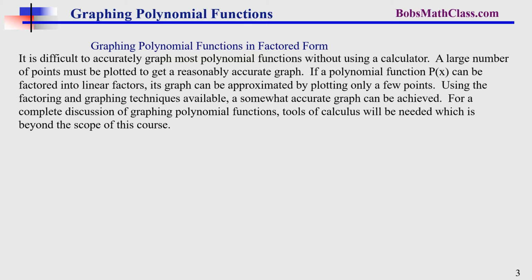Using the factoring and graphing techniques available, a somewhat accurate graph can be achieved. For a complete discussion of graphing polynomial functions, tools of calculus will be needed, which is beyond the scope of this course. So, like I said, not to worry, we're just going to do a few things here to give us a pretty decent graph. Not perfect, but decent.